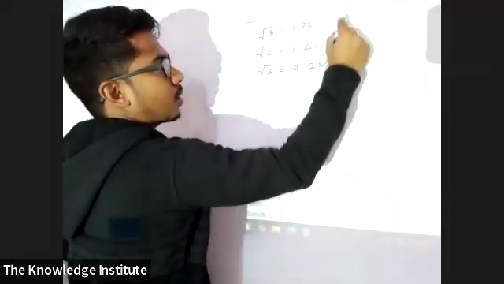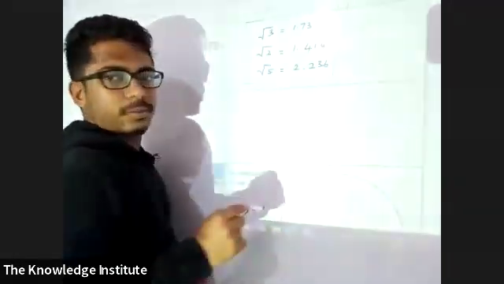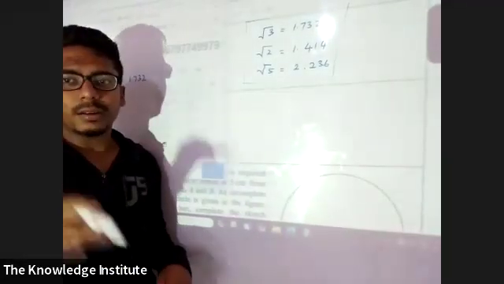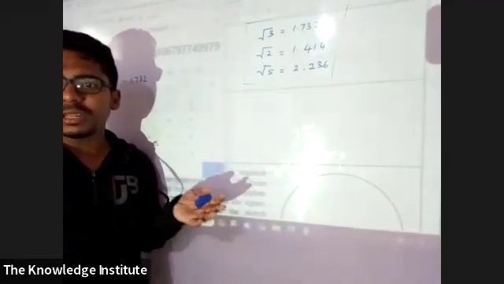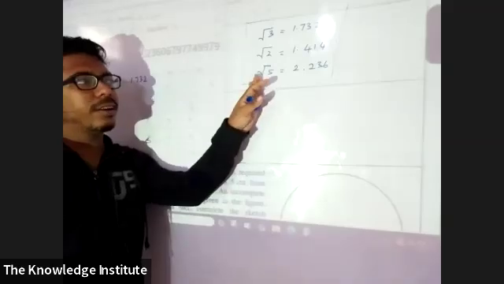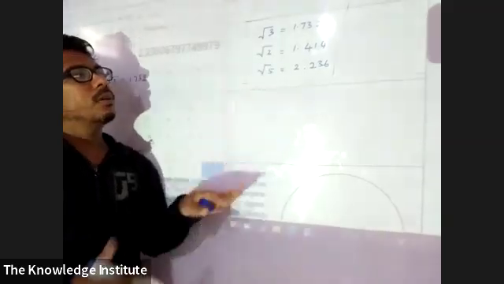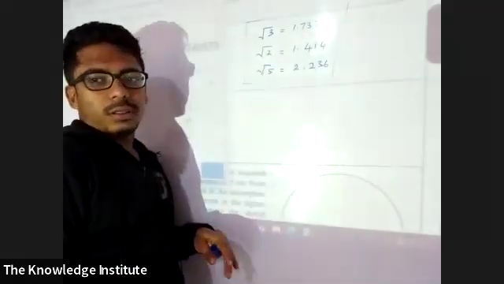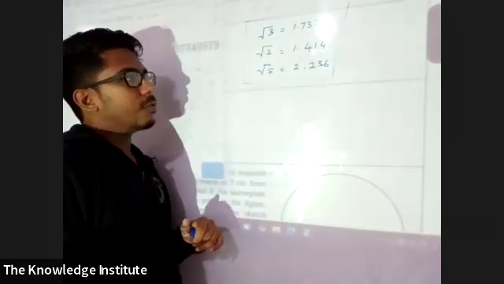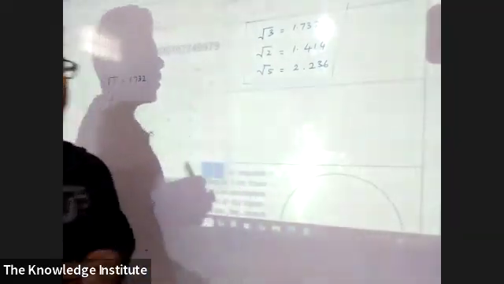Okay, you should know these values. Maybe you can learn them by heart. Maths is a subject, it's not a learn-by-heart subject. But it's fine, you can learn them by heart. Root 3 is 1.73. Root 2 is 1.414. Root 5 is 2.236.